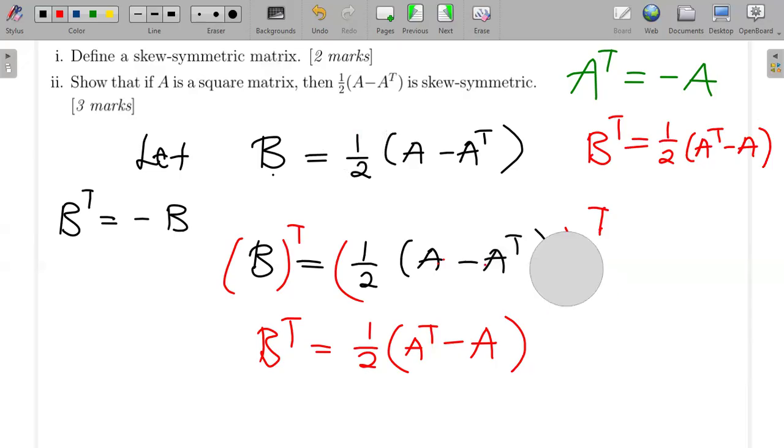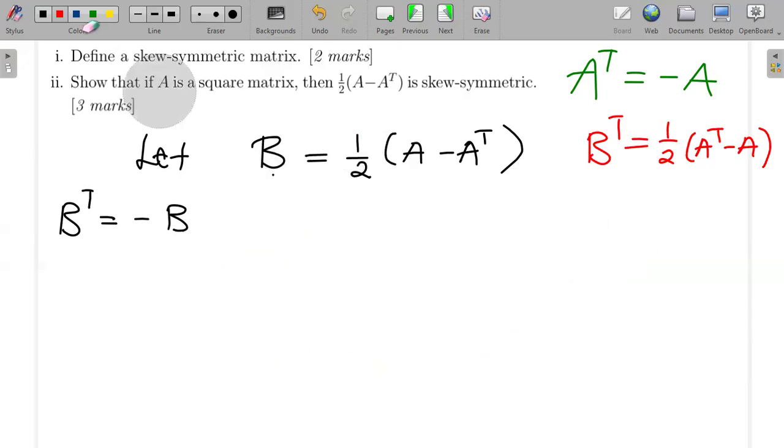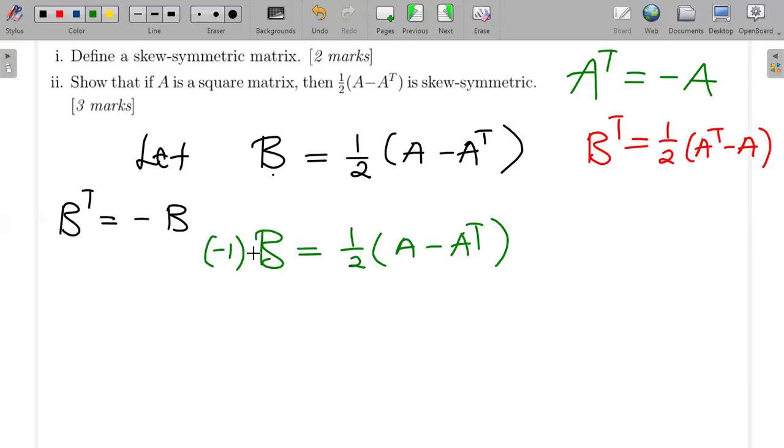Now let's find the negative of B to see if it's equal to that. B is equal to 1 over 2 times A minus A transpose. I'm going to multiply both sides by negative 1. On the left, I have minus B. On the right, since multiplication is commutative, I can multiply the minus 1 with everything inside and leave the 1 over 2 alone.